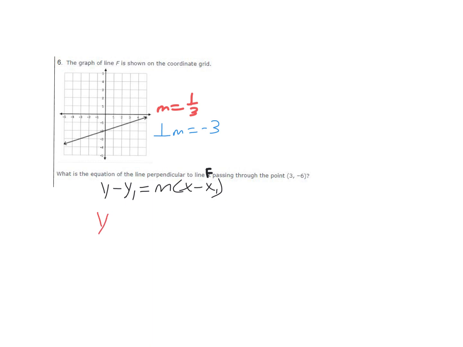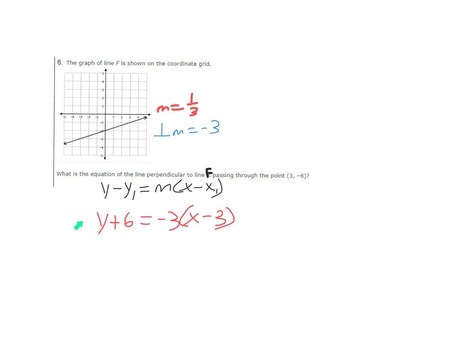So we do y minus -6, which becomes y plus 6. We took the opposite of this -6 and made it plus 6. Equals our new slope, -3 times x minus 3. Our plus 3 became -3. Now we have our equation in point slope form, and this may very well be your answer.